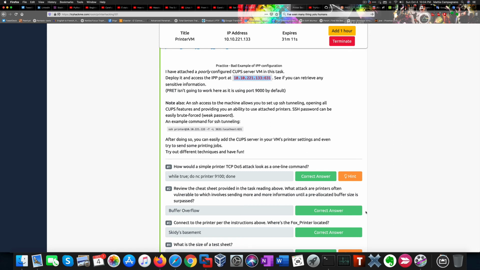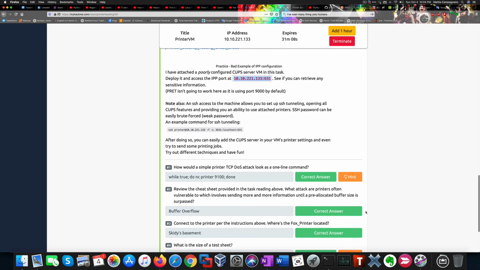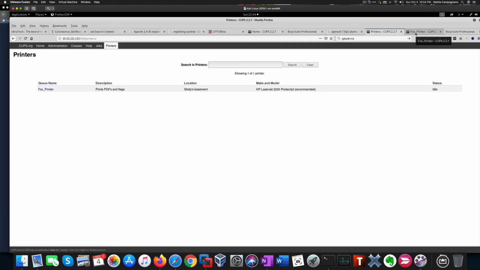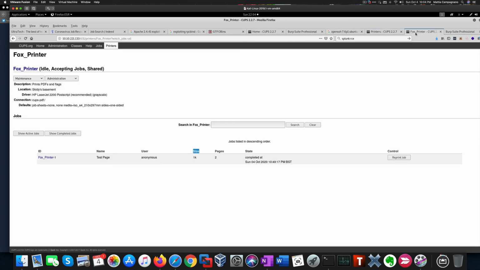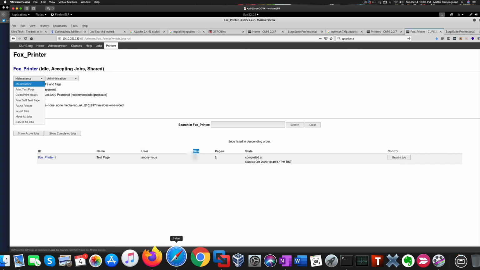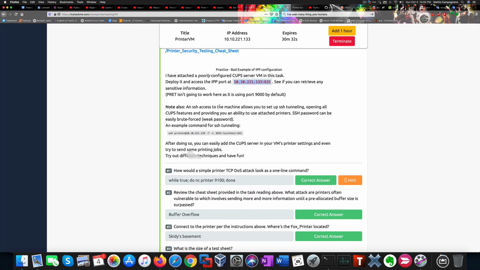Now, this question kind of threw me off for a while until I realized that going to the server, exactly under the Jobs tab, and under Maintenance, on the drop down menu, you find the Print Test Page, which tells you what the size of a test page is, and this is the answer you gotta provide. This is all you need to know to solve this machine.